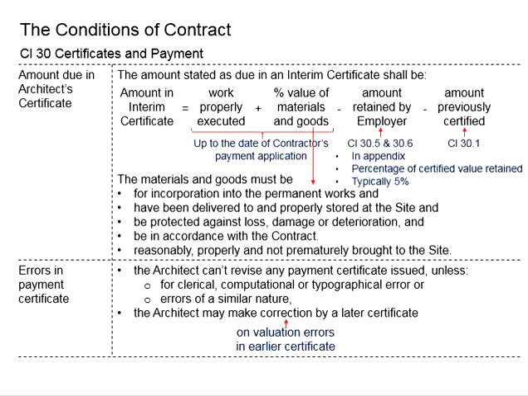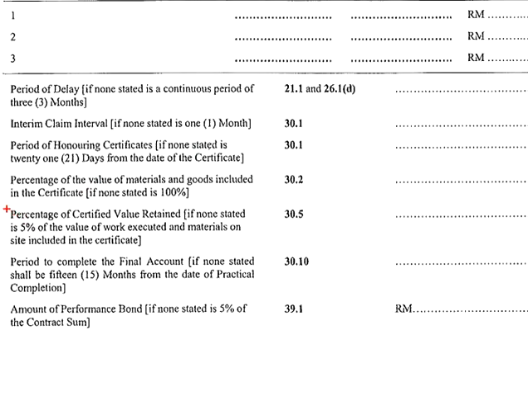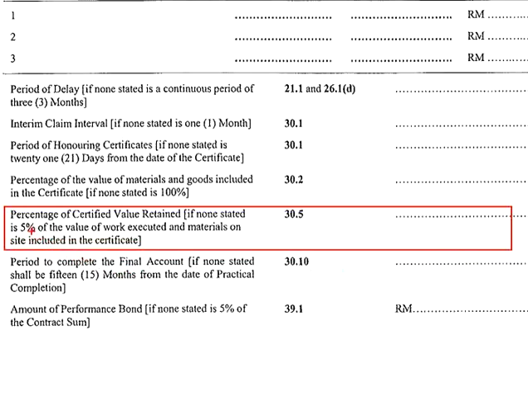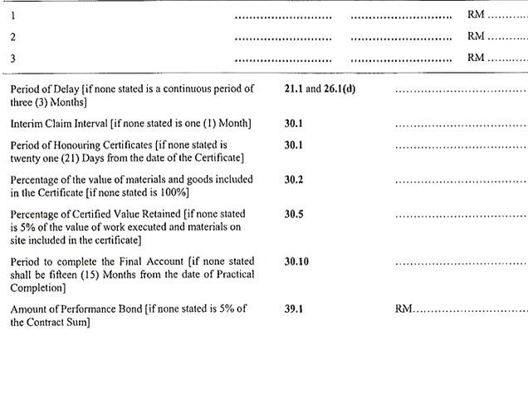There is an amount to be retained by the employer. This is referring to the retention fund, which is also clearly stated in the appendix, and normally in the range of 5% of the value of the work executed and the materials on site.